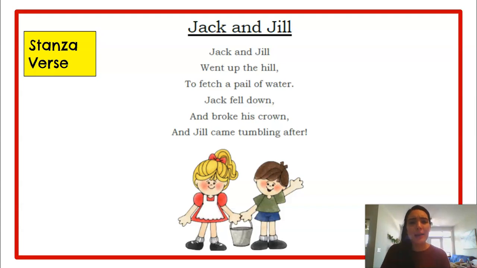In this poem, I think that the speaker is telling us a story of these 2 people, Jack and Jill, a story about what happened when they went up somewhere to get something, and Jack, what? Fell down. And then what did Jill do? Tumbled after him. So this is just a short little story, this poem is, about something that happened to these 2 kids.